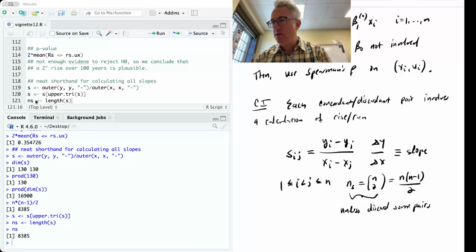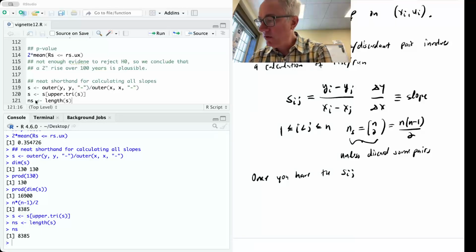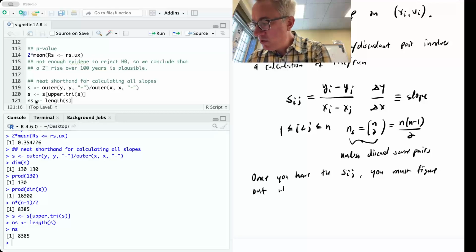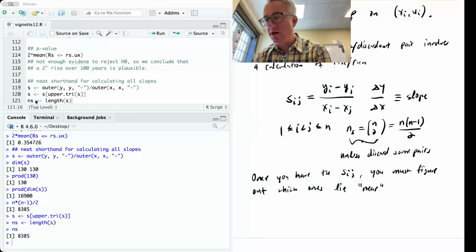Okay. All right. Once you have the Sij, you must figure out which of these pairs lie near, which I put in quotes because we're only going to be able to work with the values that are in the data.